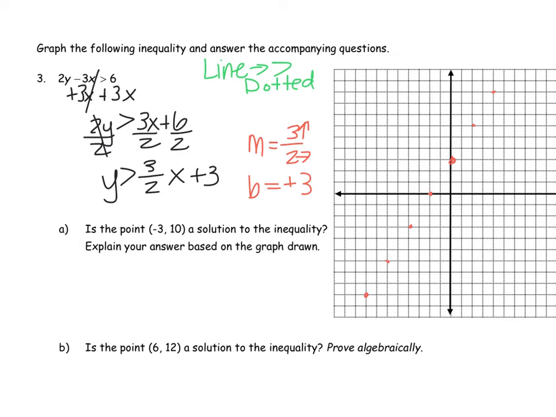So our line is going to be dashed or dotted, whatever the heck you want to say. And I have to label it. y is greater than 3 over 2x plus 3.